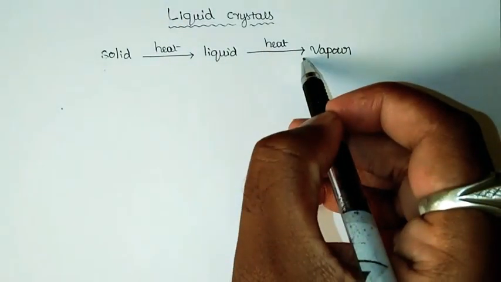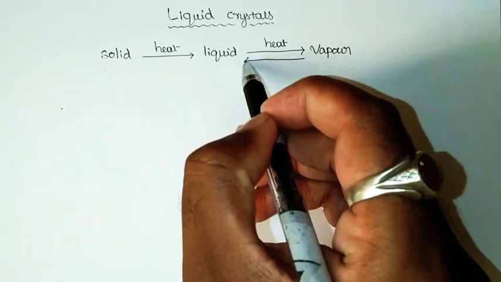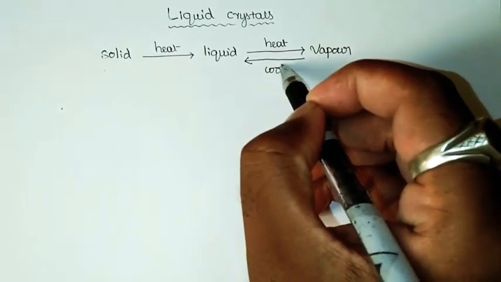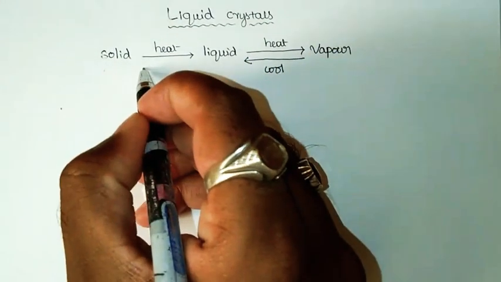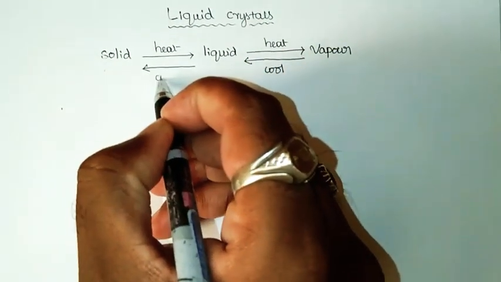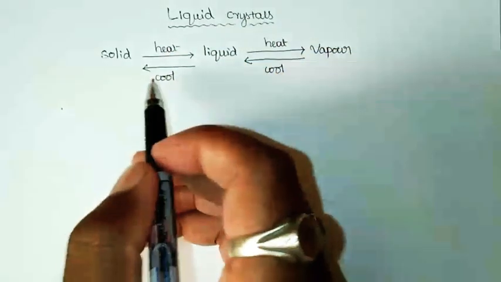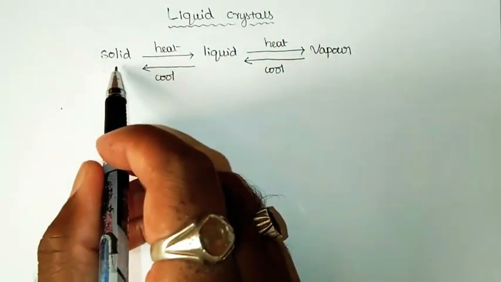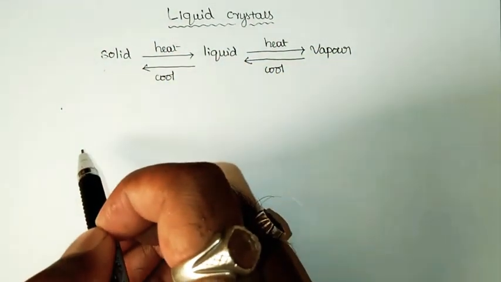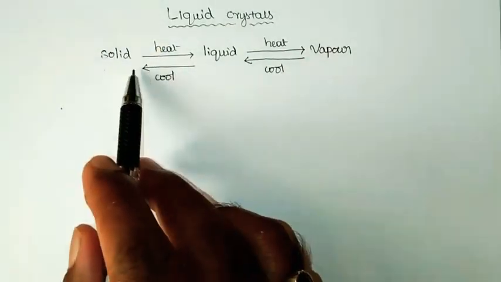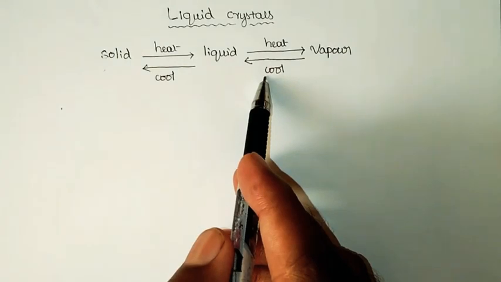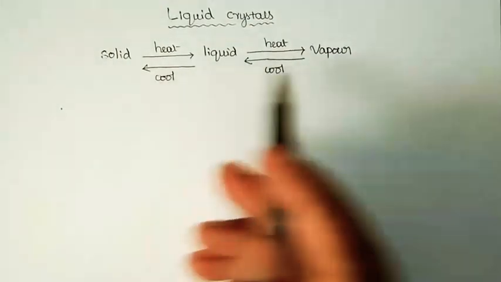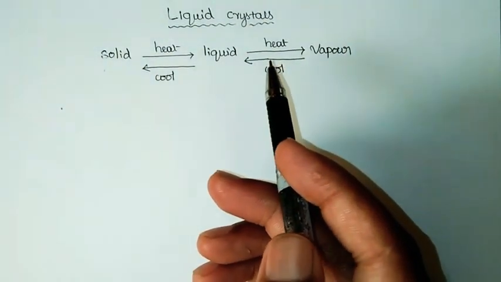But when you perform the reverse process, that means instead of heating, if you cool, the vapor form can be converted into liquid, and when the liquid form is further cooled, when you drop the temperature, the liquid will once again change into the solid state. So that is melting, vaporization, and so on, and the reverse processes also.